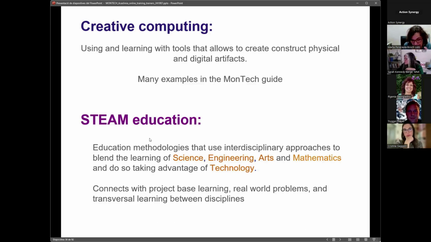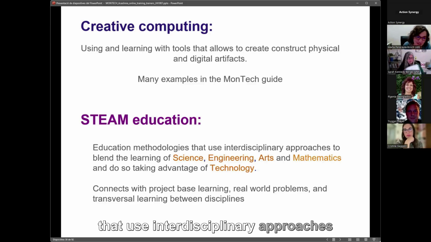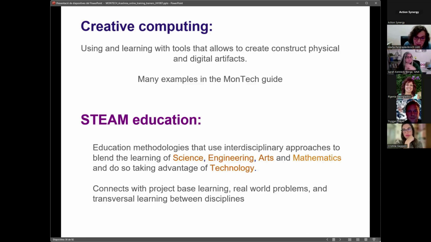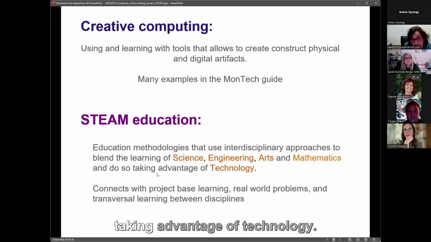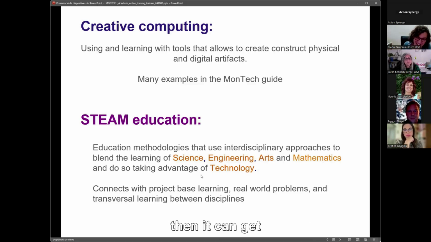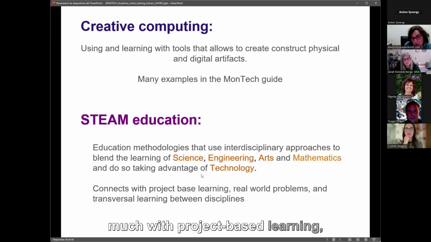And as you know, they are educational methodologies that use interdisciplinary approaches to blend the learning of areas like science, engineering, arts, and mathematics. And we say doing so taking advantage of technology. When technology is necessary, then it can get in. Okay, so it connects very much with project-based learning, with real-world problems.